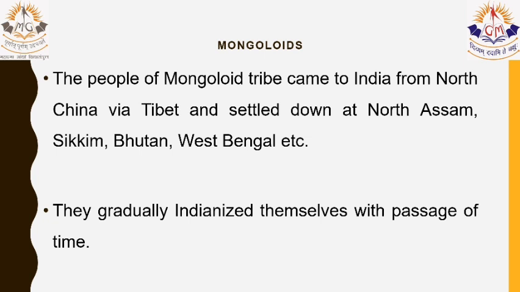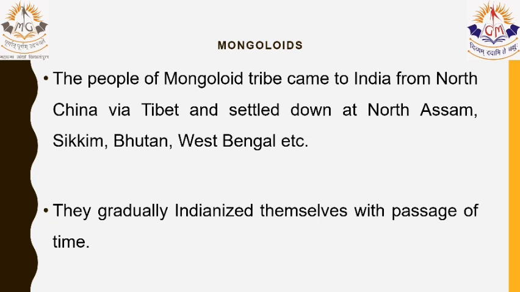They entered India on the eastern side, that is what is today Bihar, the west eastern side of Bihar, Bengal, etc. And they settled over there, and some of them went to North Assam, some of them just above West Bengal we have Sikkim, next is Bhutan.